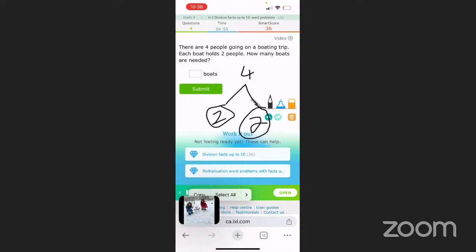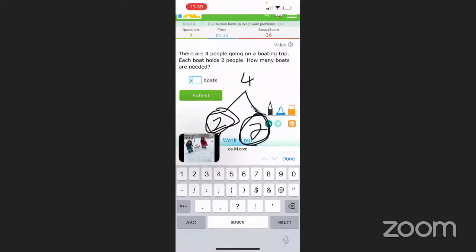Because each boat can hold 2 people. So how many boats are needed in total? How many boats? 1, 2, right? Because we have 2 groups. So 2 groups equal 2 boats.